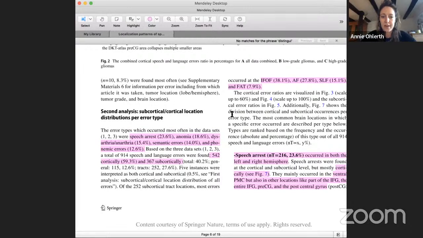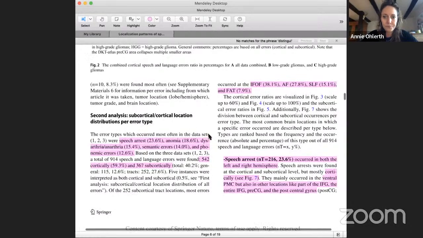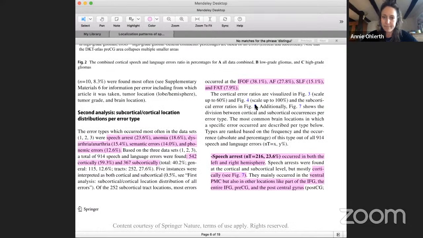A few of the fine-grained areas, and what I think is interesting, in total they encountered around 60% on the cortex and 40% on the subcortex. The subcortex here combines both white matter tracts and also subcortical structures beneath. They list the different tracts where the errors were found, the majority happening on the IFOF.